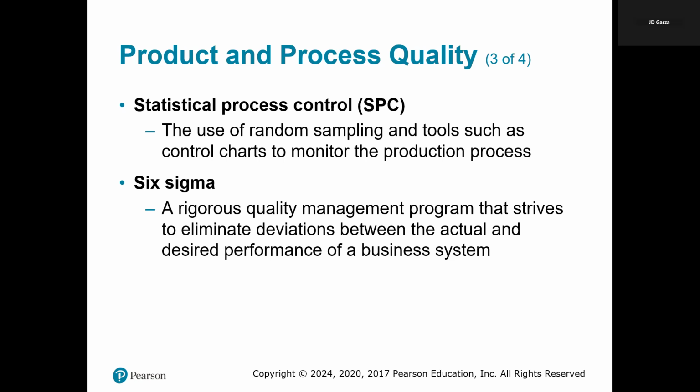Six Sigma is a quality management philosophy that aims to improve processes by identifying and removing the causes of defects, reducing variability, and achieving consistent quality.